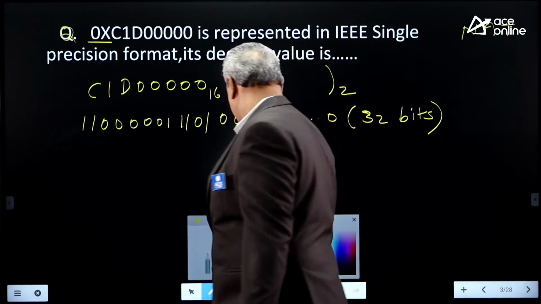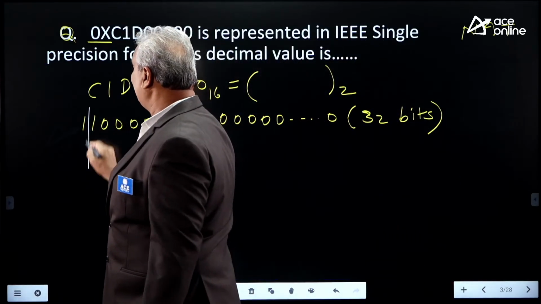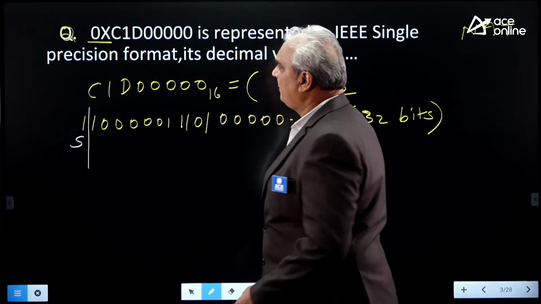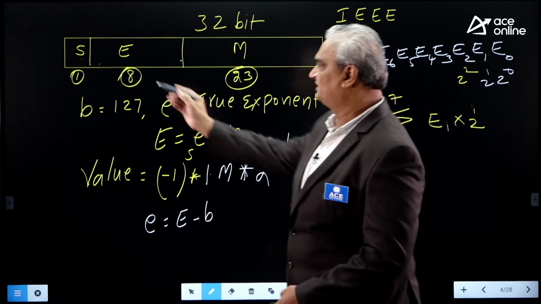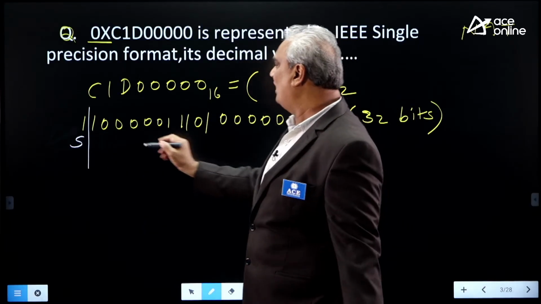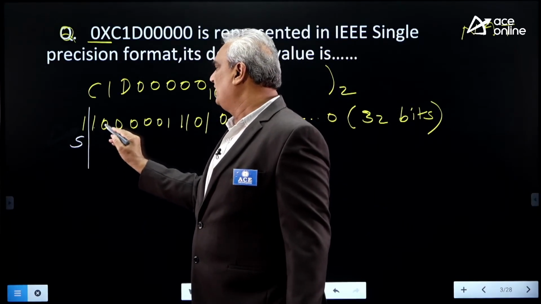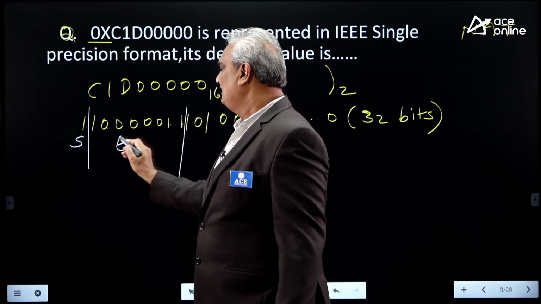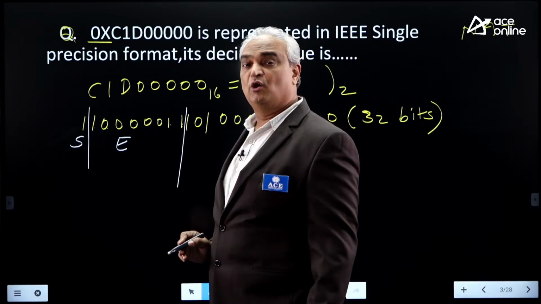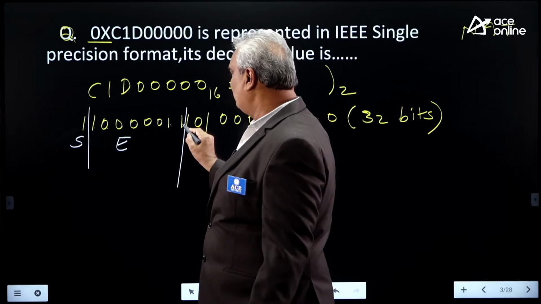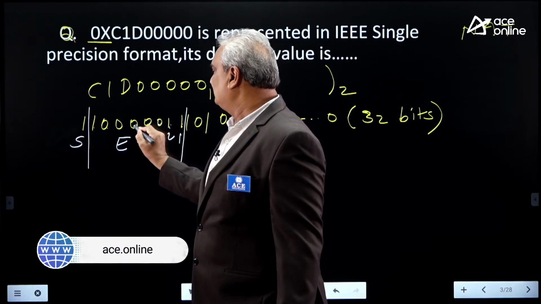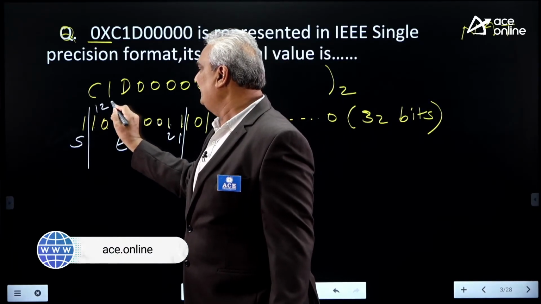The first bit is the sign; I already explained this. Next, what about the next 8 bits? 1, 2, 3, 4, 5, 6, 7, 8. This is capital E. Already we discussed how to find the decimal value: 2 power 0, 2 power 1, like that, 1, 2, 4, 8, 16, 32, 64, 128.